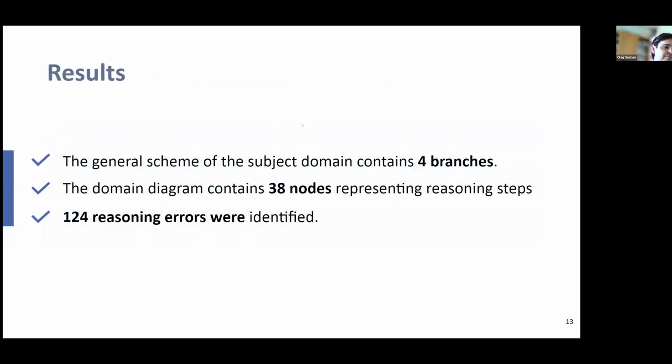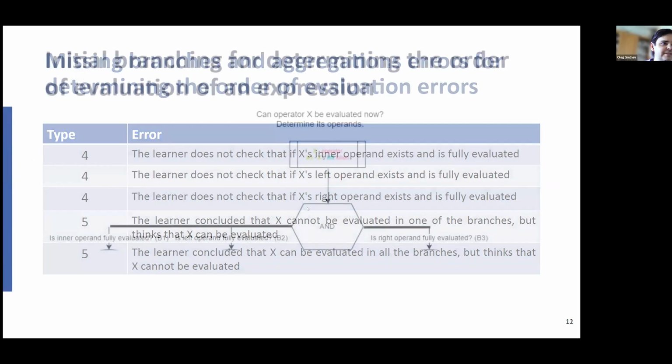So for the expression order of evaluation, the general schema of the subject domain contains 4 branches with 38 nodes representing reasoning steps. We found 124 reasoning errors for these nodes.